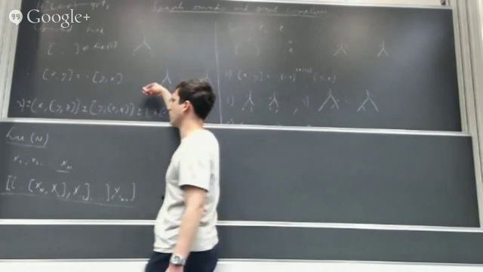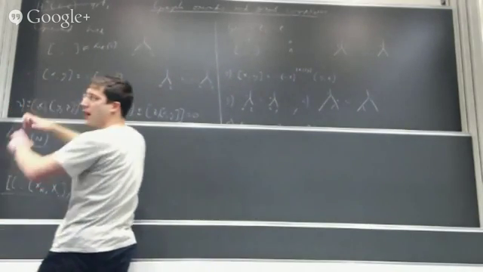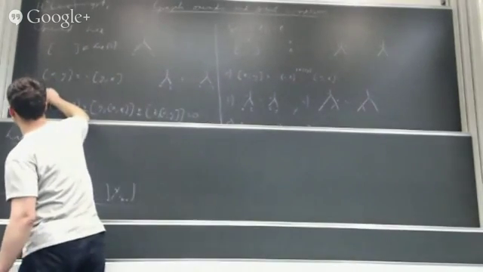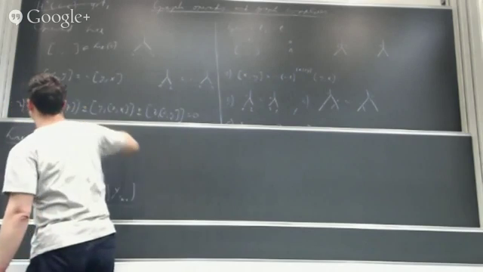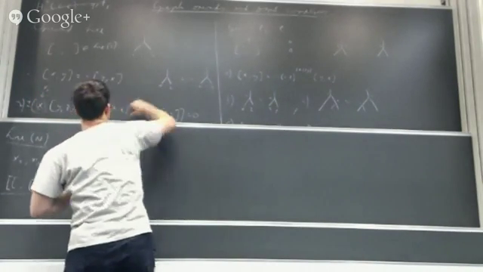Okay, let's see. If x, y, and z are something longer here, and xn is inside here, then we express this in terms of these two.